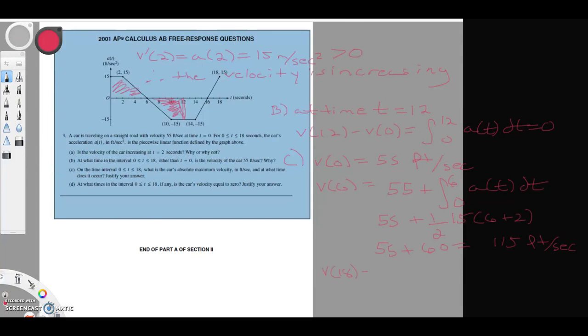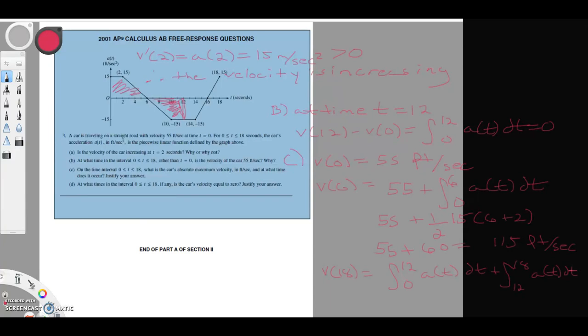But v of 18 can't be it, because that's really going to be made up of the integral from 0 to 12 of a of t dt plus the integral from 12 to 18 of a of t dt. So when you go back to part C and you actually look at it, this whole thing is plus 55, so it's not going to be less than 0.